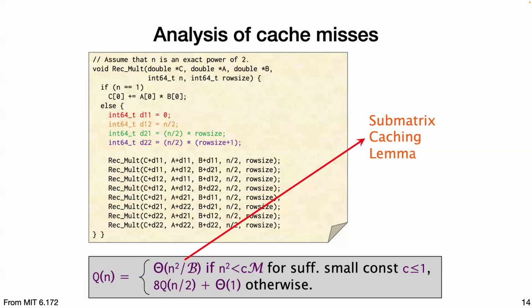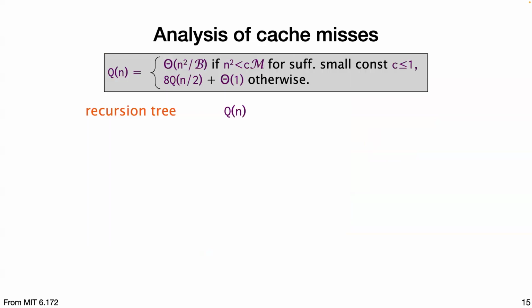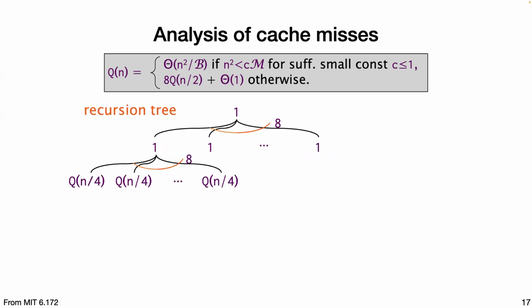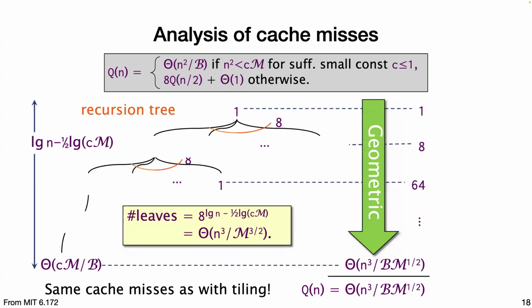Any questions on this recurrence? Okay, so we're going to do the same recursion tree as we had before, or a similar one, but now we start at the top with Q of n. And we do the same splitting, 8 Q of n over 2. This is the same 8-way splitting that we had for the work, and so on, 8 again, and then Q of n over 4, and then all the way down.